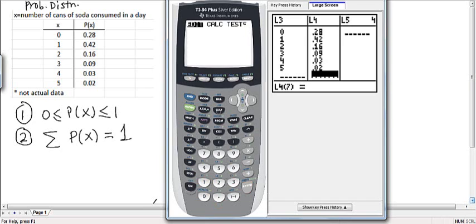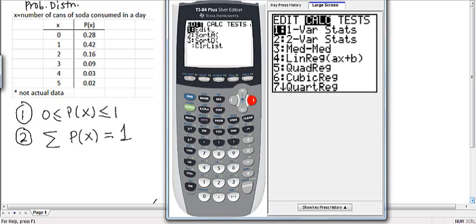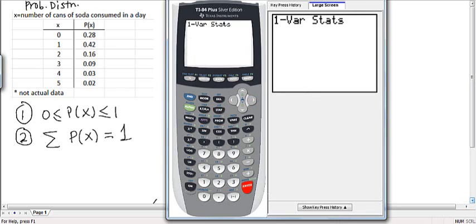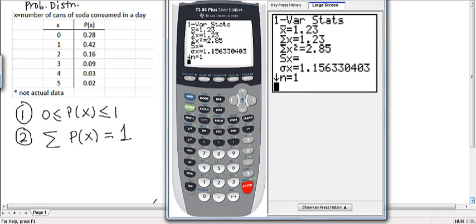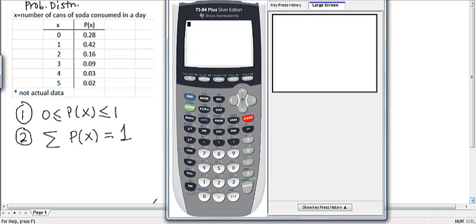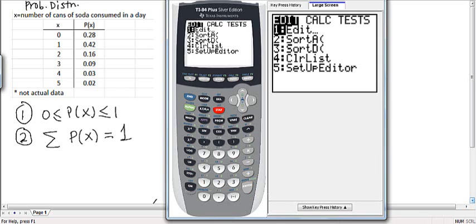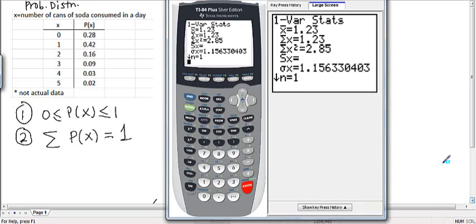Okay, you want to go to Stat, Calc, one variable statistics, and I want to do one variable statistics on L3, comma, L4. Okay, and then if you hit enter, you will get the one variable statistics on this list.